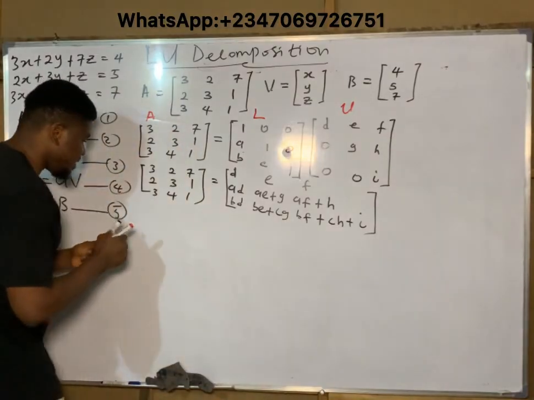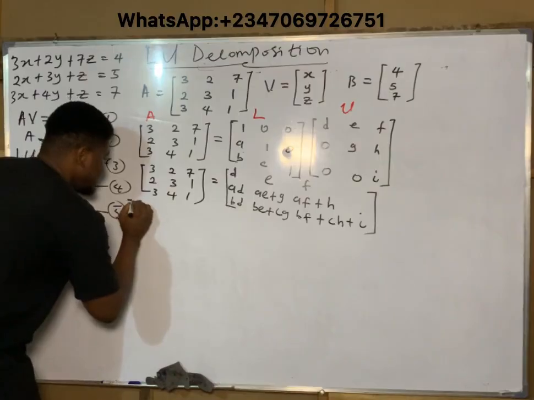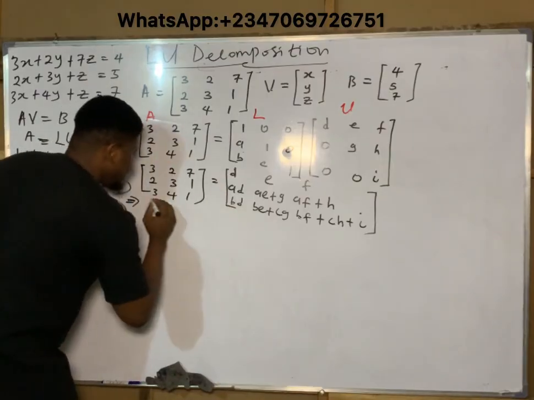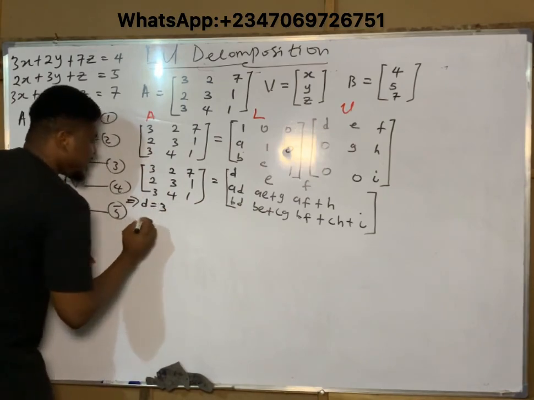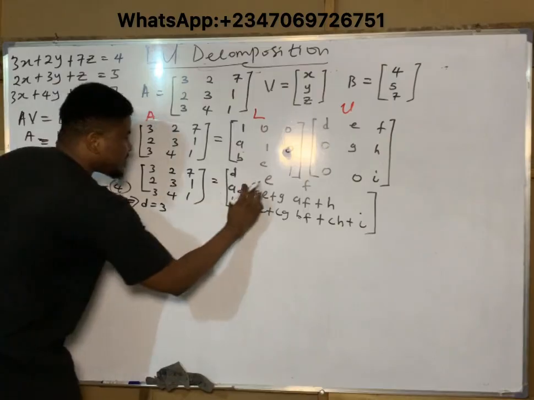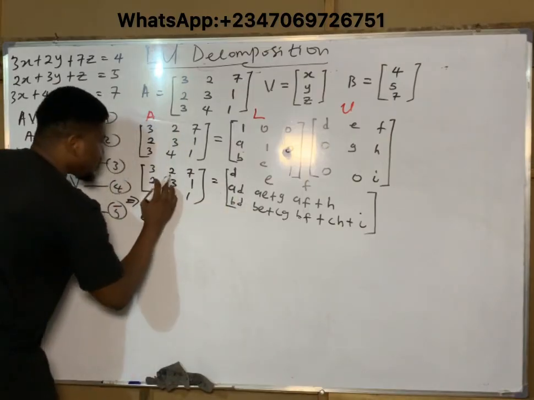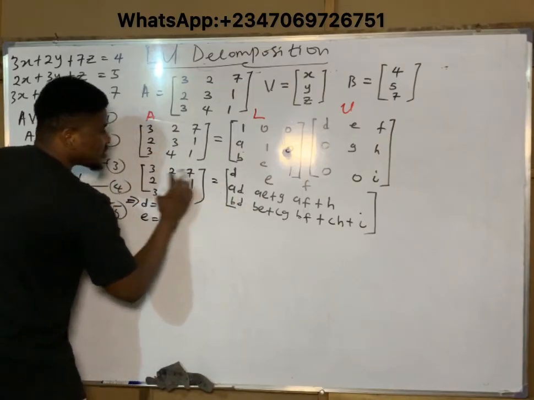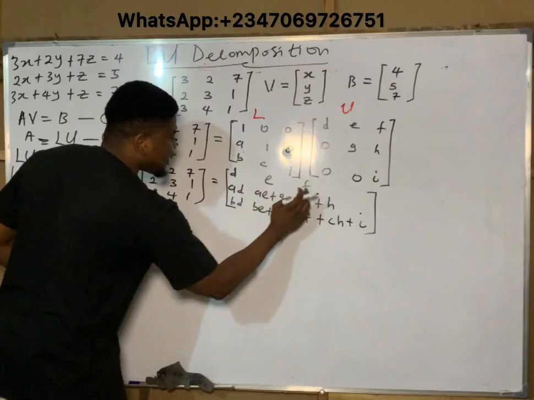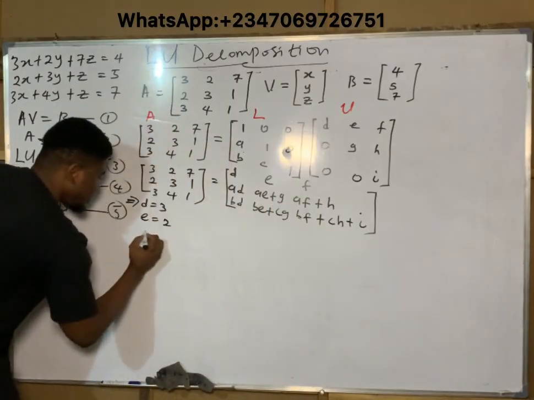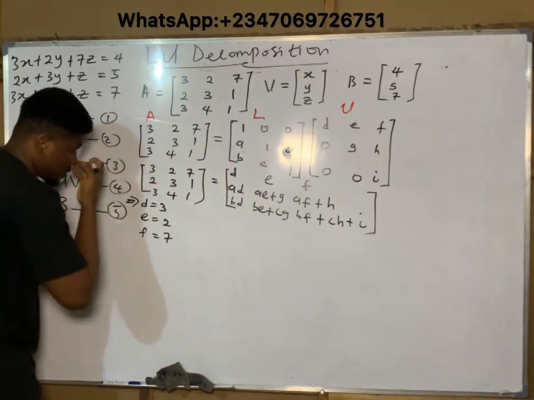So if that's the case, then this simply implies that I'm going to have my D to be equal to 3. I'm going to have my E to be equal to 2. And I'm going to have my F to be equal to 7. F equals 7.